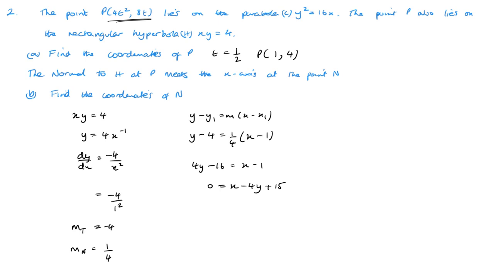So that is my equation of the normal, and it meets the x-axis at the point N. So the x-axis is y equals 0. So we get x plus 15, or x equals negative 15. So N is (negative 15, 0).